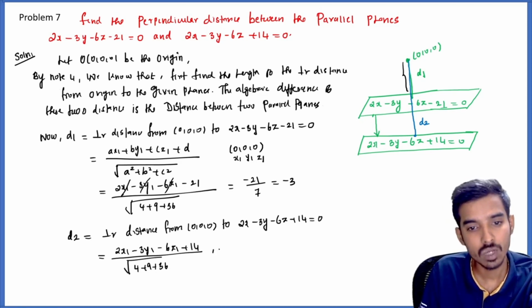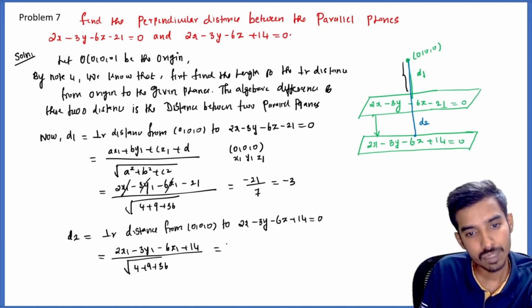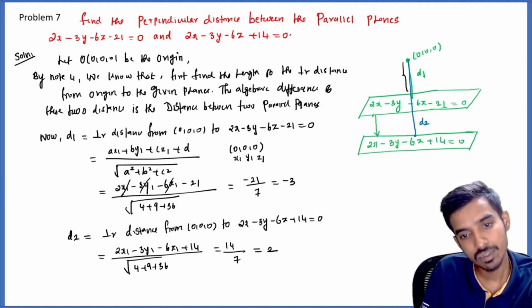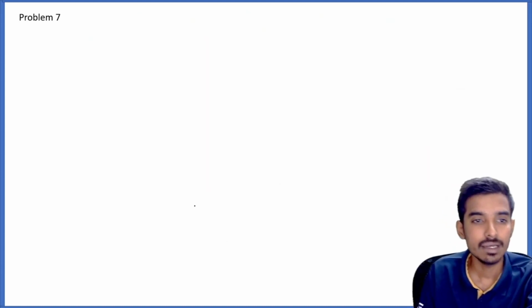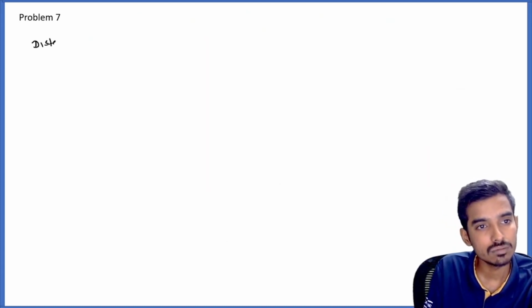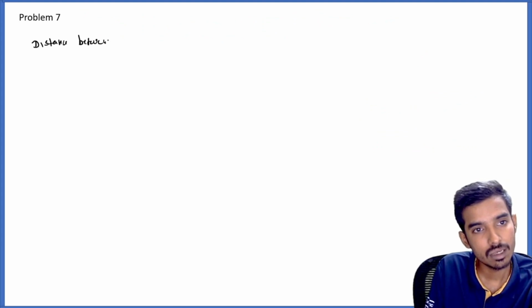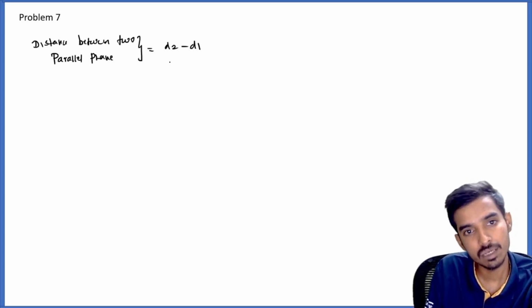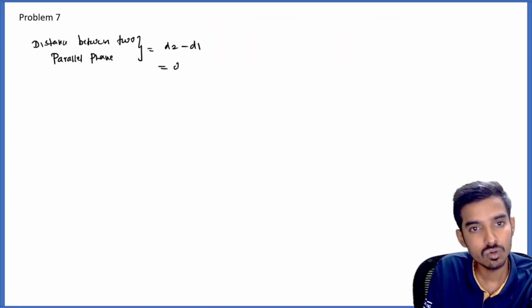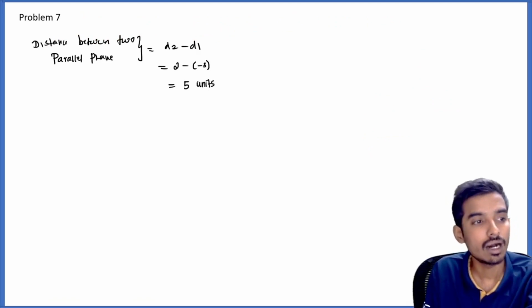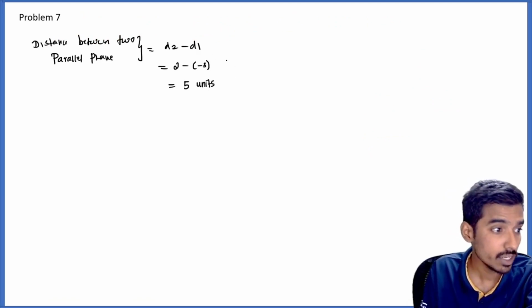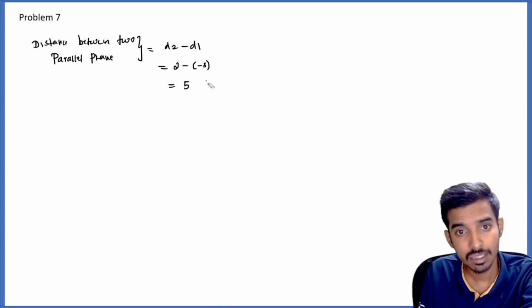Substituting the point (0, 0, 0), this will be 14 divided by 7, which is 2, right? And we know the distance between two parallel planes is the algebraic difference, which is d2 minus d1. So d2 is 2 minus of minus 3, therefore 5 units is the distance between the two parallel planes.